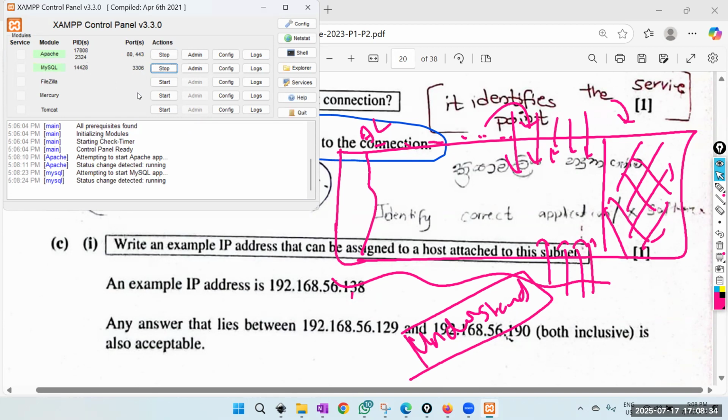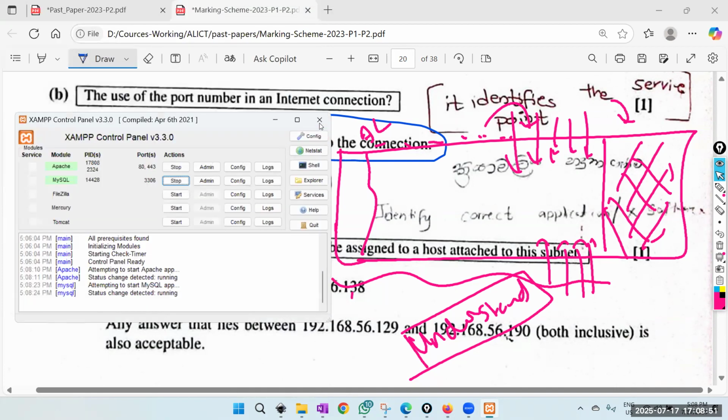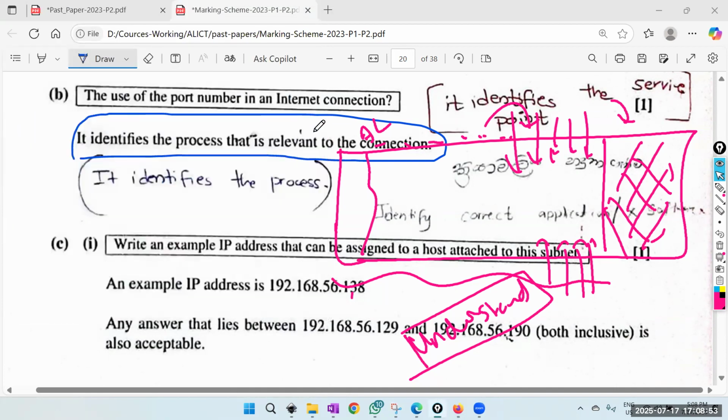For example, my Microsoft Word doesn't need a port number because no one connects and gives data to my Microsoft Word. My calculator doesn't need a port number. My PDF doesn't need a port number. But email server, web server, file server, right? My Zoom needs a port number.